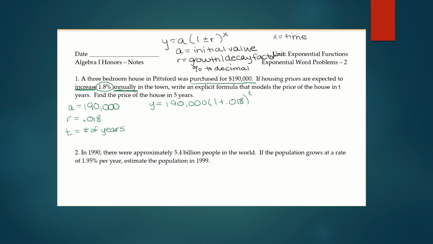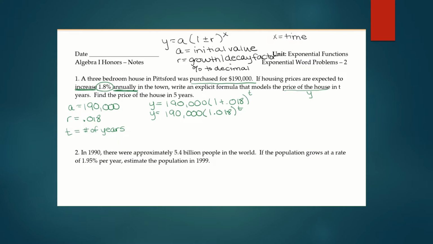There we go. Alrighty, so simplifying this just a little bit, 190,000 times 1.018 raised to the power of t. So here is our explicit formula that models the price. So the price of the house I represented with y, and t is representing how many years.